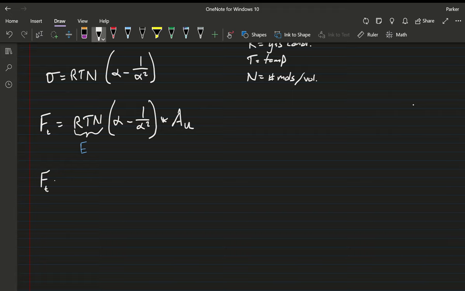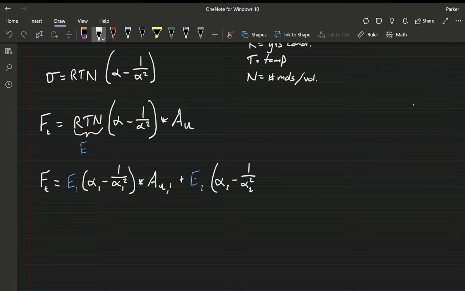And since we can jumble these constants together, we can then have the sum of all forces is equal to E1 times alpha for cable 1 minus 1 over alpha for cable 1 squared times the cross-sectional area of cable 1 plus E2 times alpha for cable 2 minus 1 over alpha for cable 2 squared times cross-sectional area of 2 plus E3.